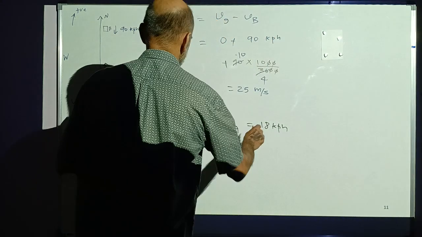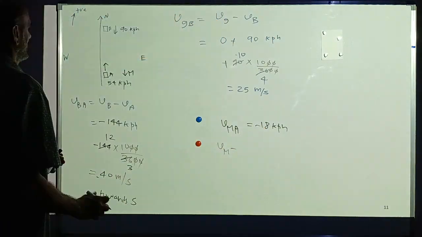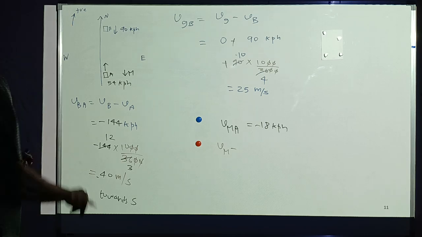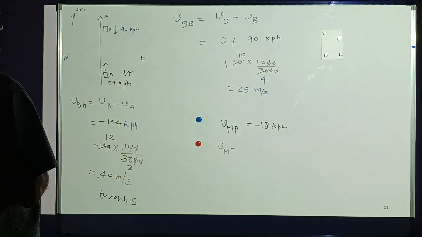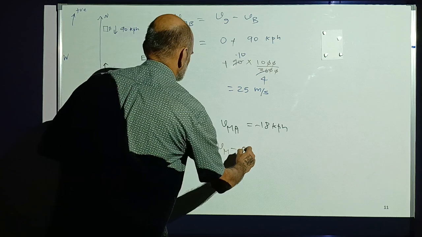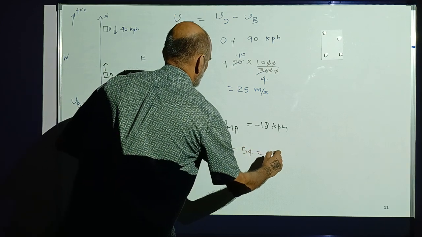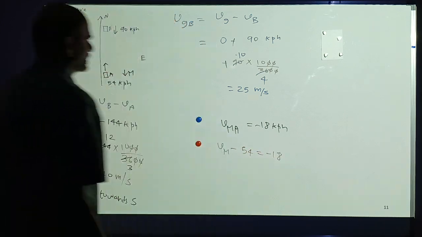So monkey velocity is minus, because monkey is moving downwards and upward direction is positive. So velocity of monkey minus velocity of train, which is plus 54, is equal to minus 18.